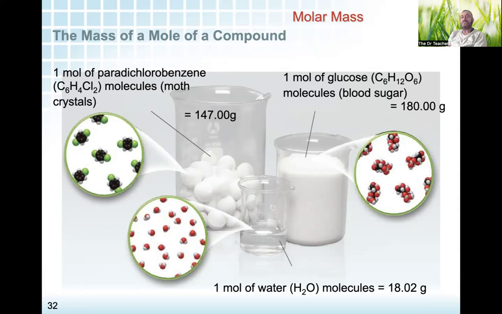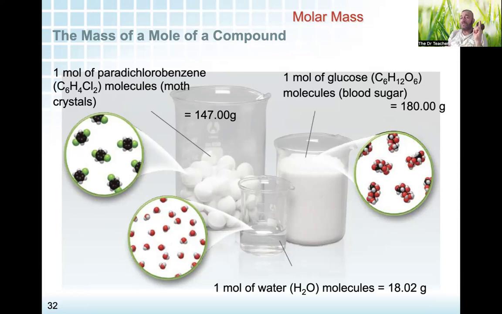We come to glucose, the blood sugar, glucose, it's C6H12O6. So when you count the molecular weight here, you say 6 times oxygen is 16, 12 times 1 of hydrogen, 6 times 12 of carbon. Altogether will be 180 gram.